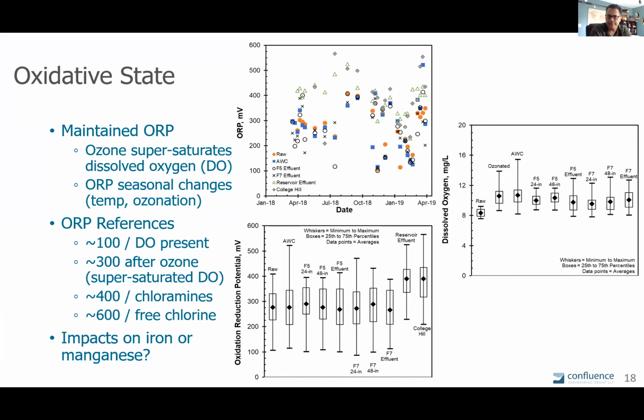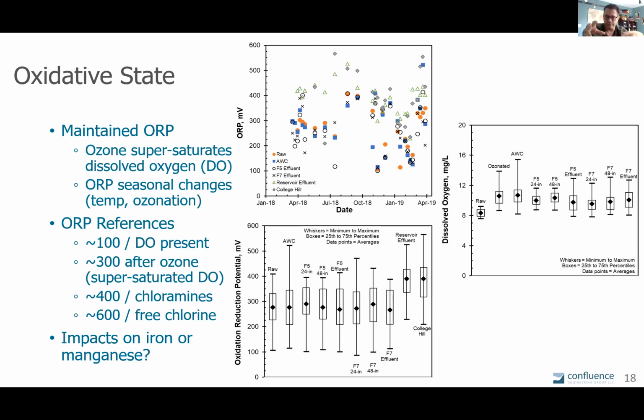The ORP for all the different areas ranges from 100 to even higher millivolts. As a reference, when DO is present and you have an unchlorinated water, you might have an ORP of about 100. After ozone, this bumps up to about 300 or so. If you have a chloraminated water, because of the oxidation capacity from chloramines, you might be at about 400 millivolts ORP, and about 600 if you were free chlorinated.